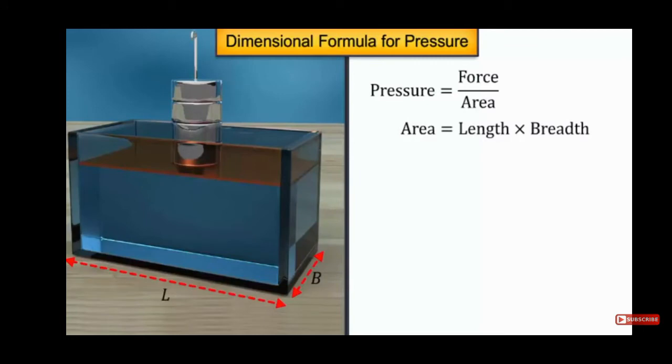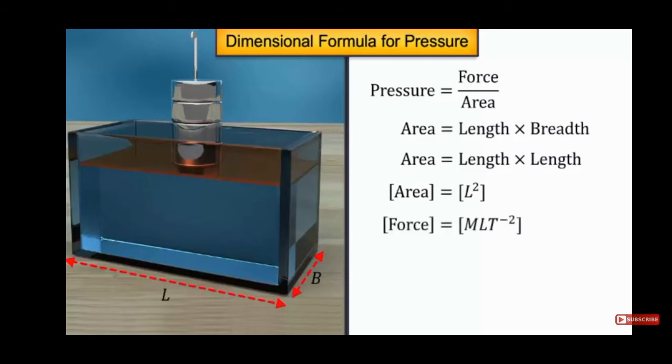Length and breadth represent the base quantity, length. Thus, area can be expressed as length squared, and hence its dimensional formula is L^2. We know that the dimensional formula of force is MLT^-2. Now, the dimensional formula of pressure is obtained as shown.